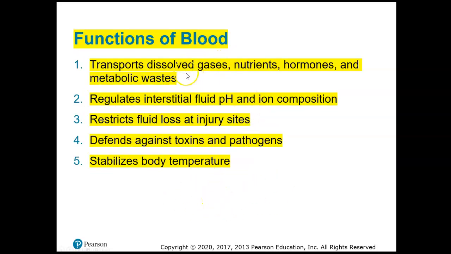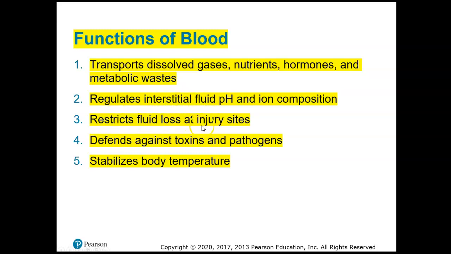The functions of blood are to transport dissolved gases, nutrients, hormones, and waste, to regulate the fluid pH and ion composition of the blood plasma, and then that ends up affecting the interstitial fluid, or what we call tissue fluid.